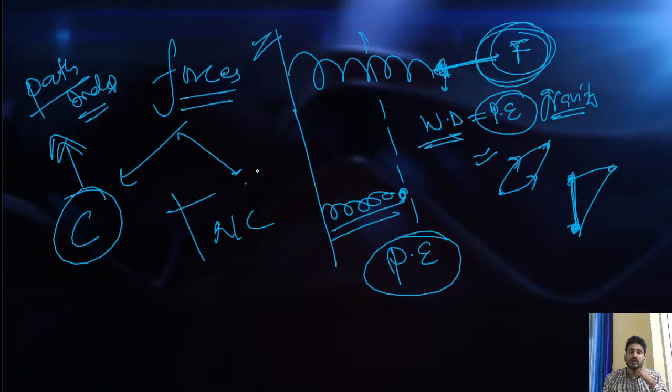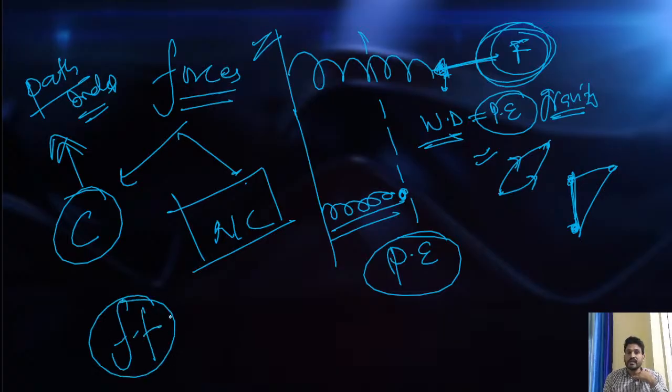But in non-conservative types of forces, work done will depend upon the path. Sir, give me some example. Like friction force. Energy will be lost here, right? And if you follow different paths, you will get different work done. As you know, friction force is a path dependent force.